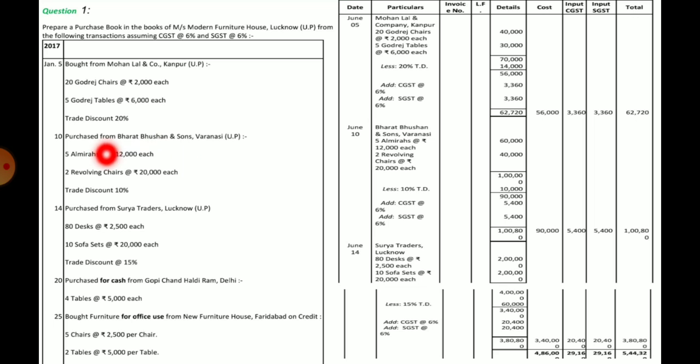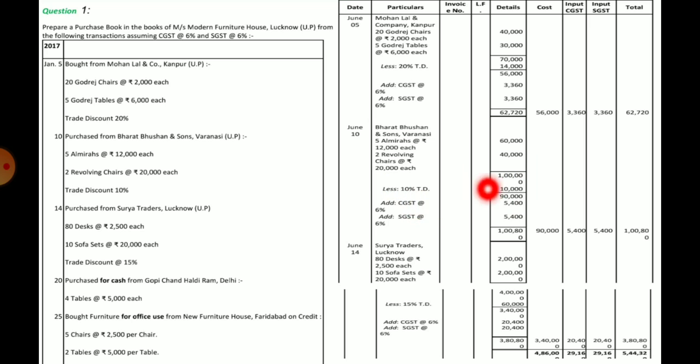Second transaction, purchase from Bharat Bhushan and Sons, Varanasi, 5 almirahs at 12,000 each, 2 revolving chairs at 20,000 each, and 10% trade discount. 6% GST is charged on every transaction, it is understood. So 5 almirahs at 12,000 each, 60,000, and revolving chairs, 2 into 20, that is 40,000.